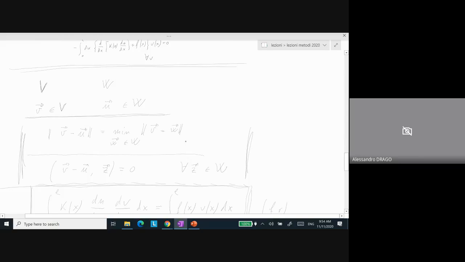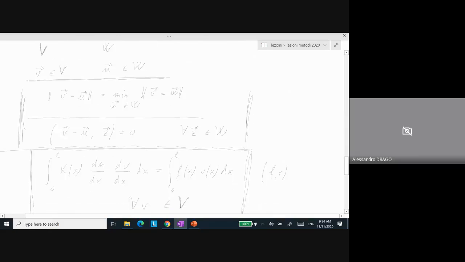But this is equivalent, I said, to telling that V, the exact solution, so to say, minus U, the approximation within the subspace, has to be orthogonal to all the vectors inside the subspace.